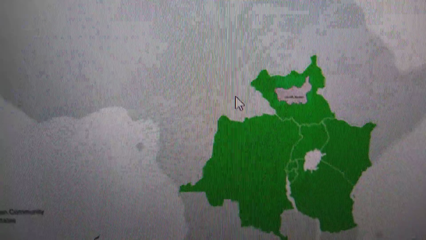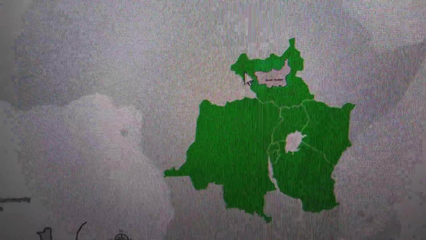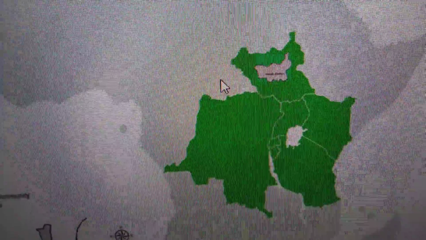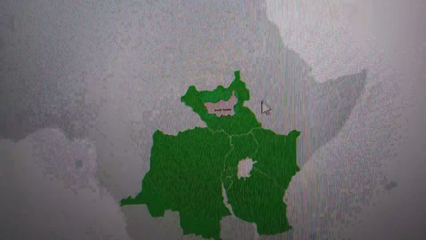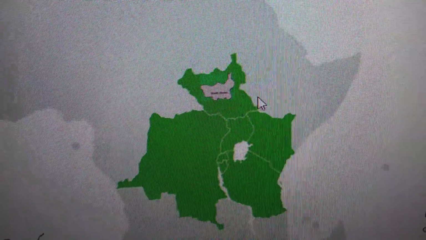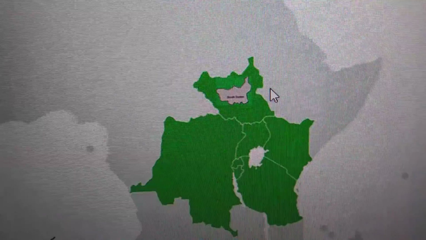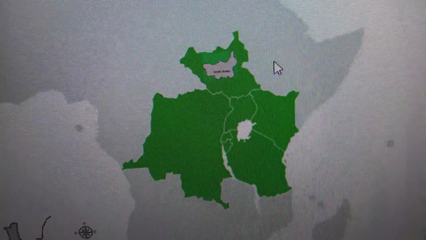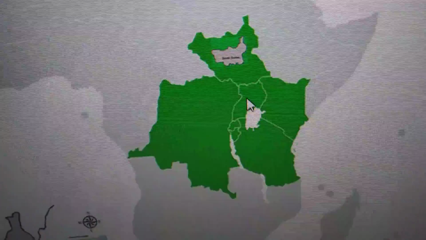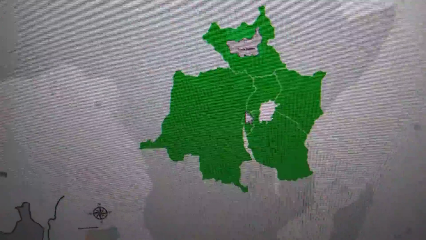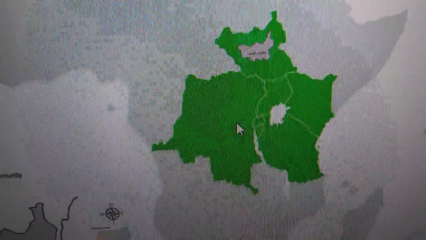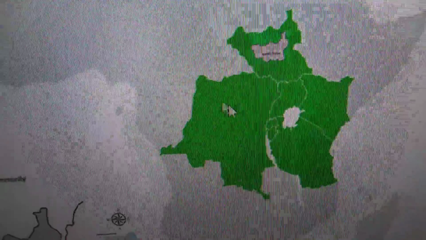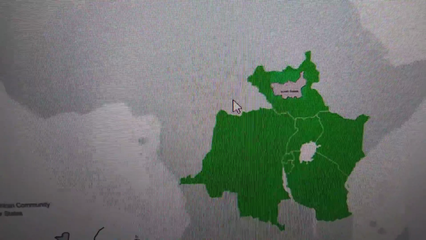This line here is Central Africa, the green line is Central Africa, and this one here is Ethiopia. Ethiopia is also around here in these equatorial regions. Okay, so this is Ethiopia, this is Kenya, this is Uganda, this is Tanzania, this is Burundi, this is Rwanda there, and this is DRC Congo, and this is Central African Republic.